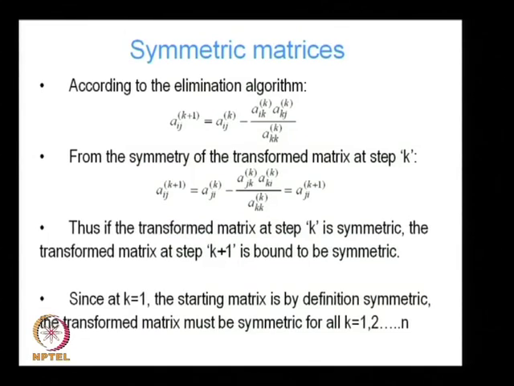Because our starting matrix is symmetric, and we have shown that if at step k my transformation matrix is symmetric, at step k plus 1 it is bound to be symmetric. So, at k equal to 1 it is symmetric, then it is obvious that at k equal to 2 it is going to be symmetric, at k equal to 3 it is going to be symmetric, and it is going to be symmetric through all the steps of the Gaussian elimination.